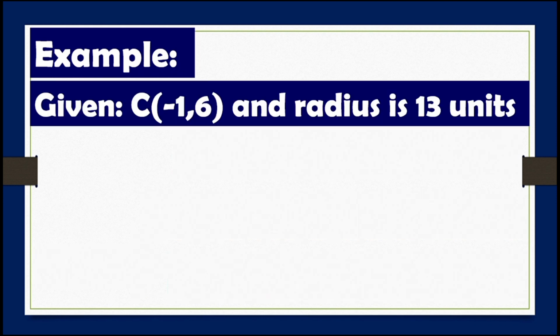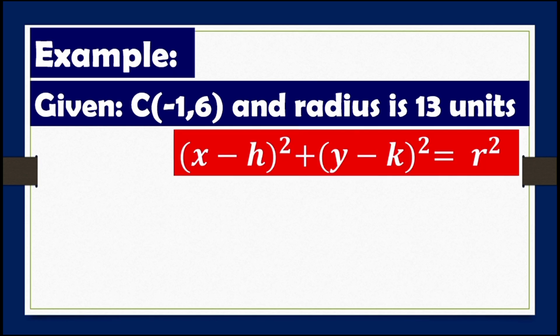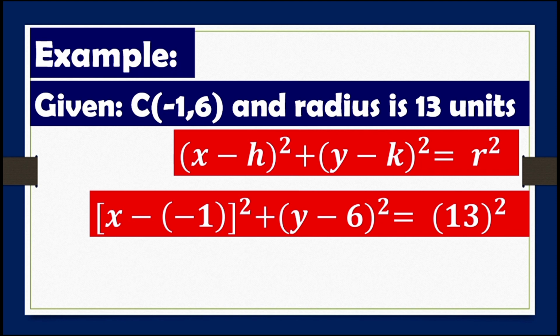Another example. Coordinates of the center of our circle is (negative 1, 6), and the radius is 13 units. Again, utilize our standard form, quantity x minus h squared plus quantity y minus k squared equals r squared. Substitute the coordinates of our center and radius in our existing standard form, where h is negative 1, our k is 6, and our radius is 13.